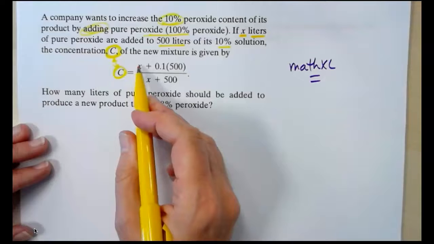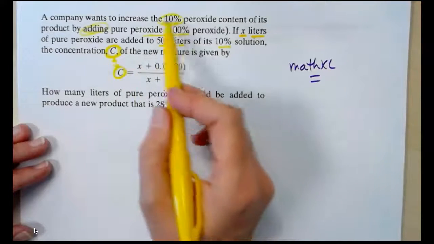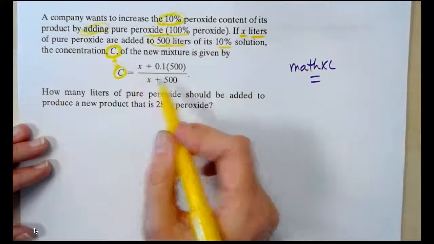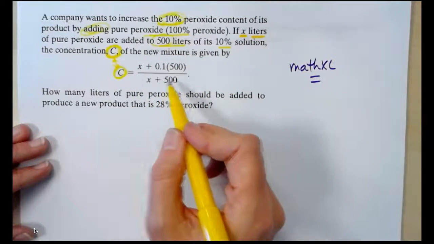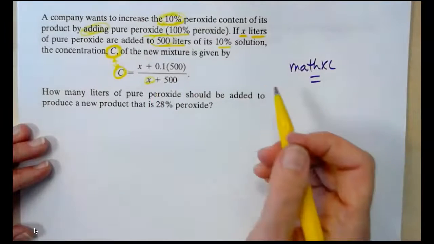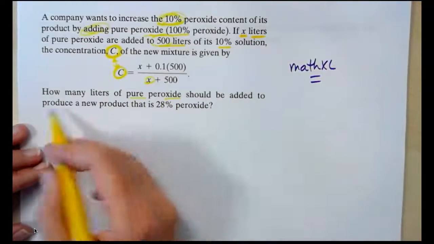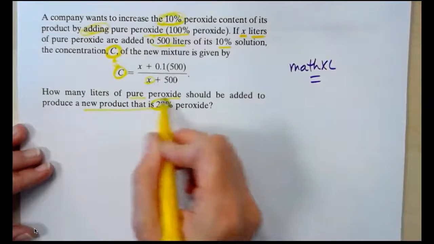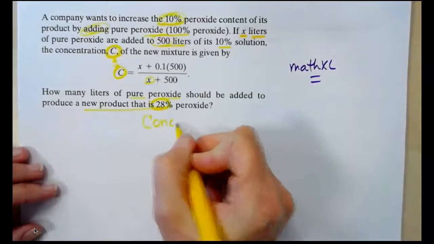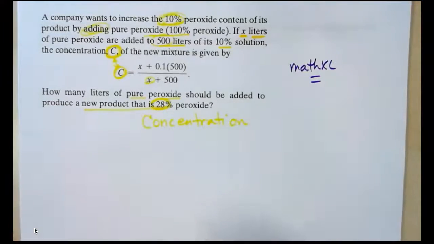So C equals X plus 10% of 500, we got that from the first part of the problem, divided by X plus 500, because X is the number of pure liters of peroxide that we're going to be adding. How many liters of pure peroxide should be added to produce a new product that's 28%? 28% is the concentration that we're trying to get to.